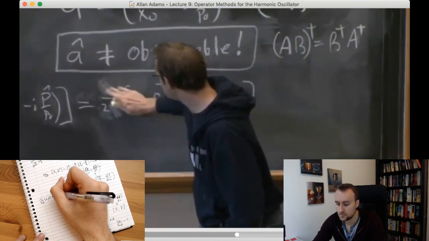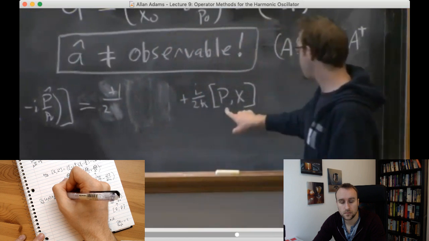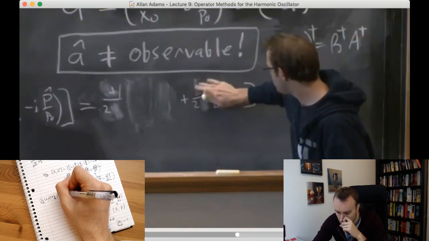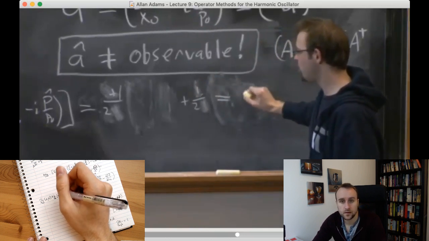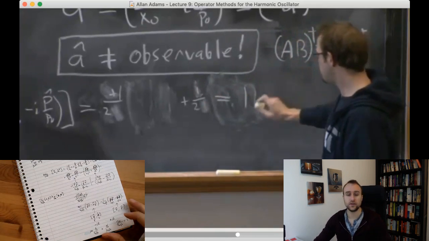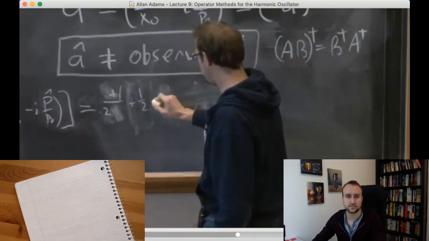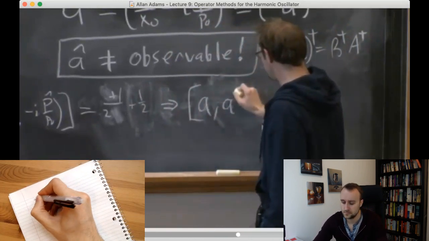The i gives me a plus 1. And P with x gives me minus i h bar, so the h bar and the minus i give me a plus 1. Well, that's nice. This is equal to 1. Okay, so I did get it right. Therefore, A with A dagger is equal to 1.